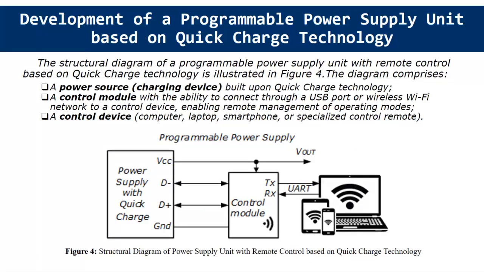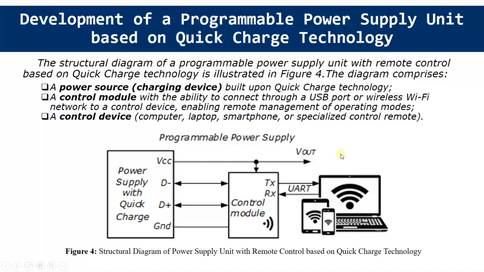Development of a programmable power supply unit based on quick charge technology. The structural diagram of a programmable power supply unit with remote control based on quick charge technology is illustrated in Figure 4.